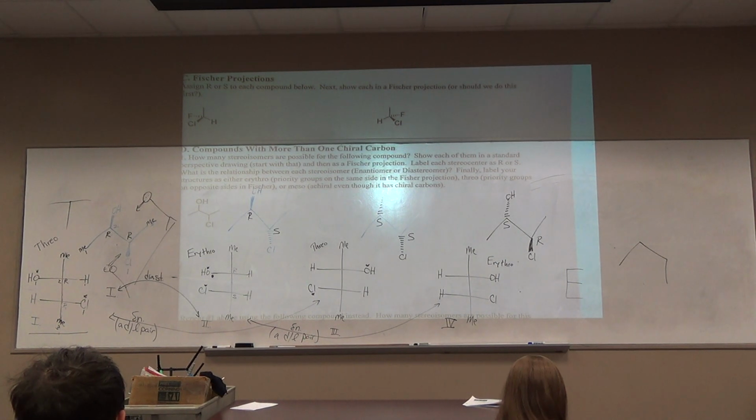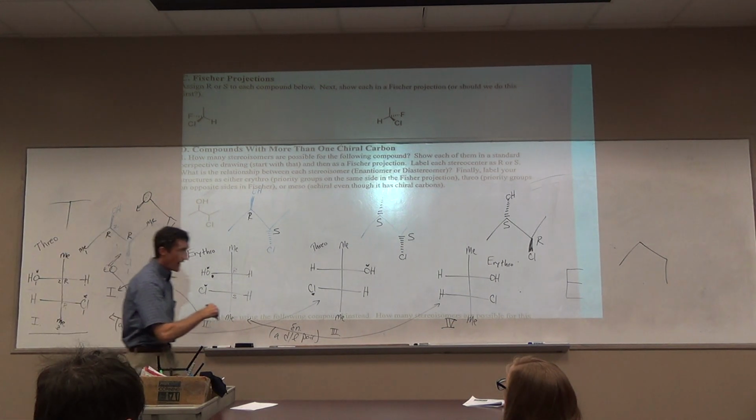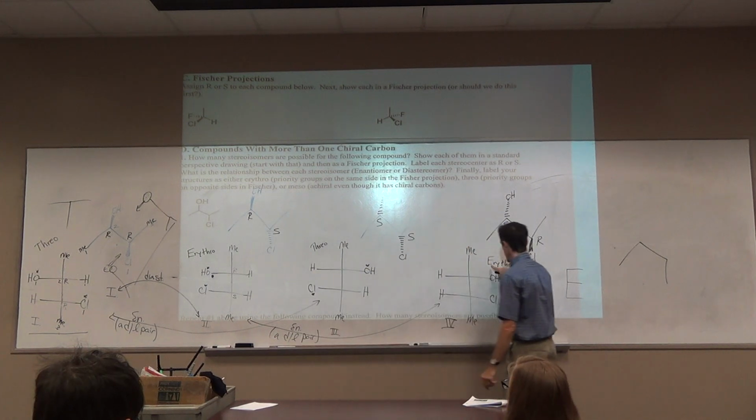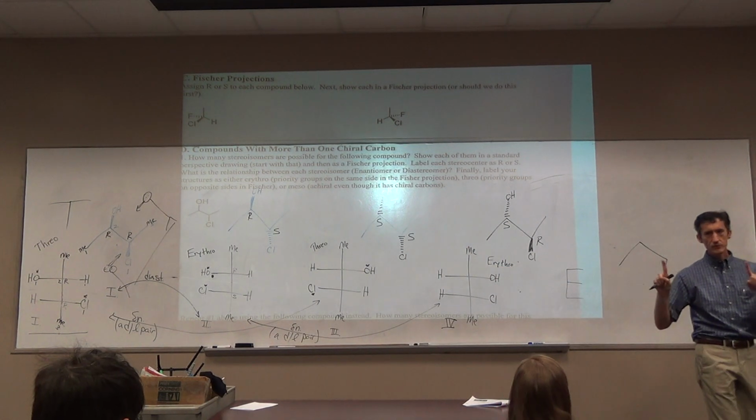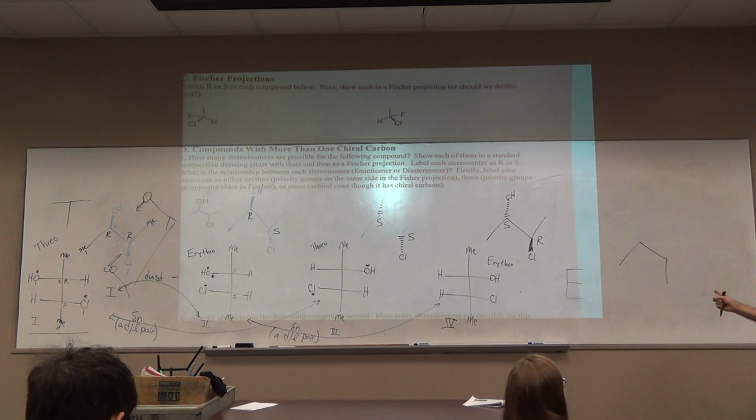With the EZ terminology, I said Z stands for same. They're both vowels. That's opposite here. But with E, they're not opposite. They're on the same side. So don't confuse your EZ and your erythro, threo. All right?